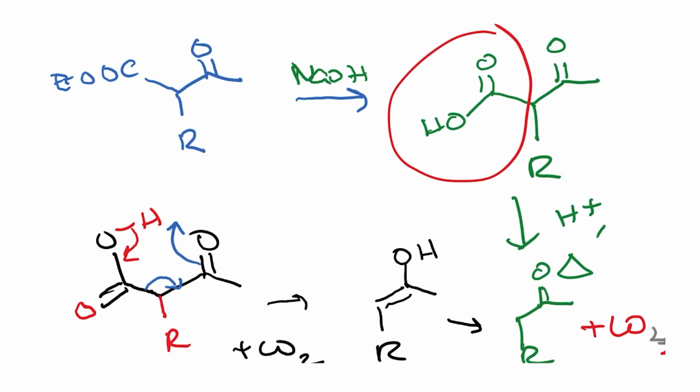Alright, so this is a very, very useful method going forward, because although you're losing a molecule of CO2 in the reaction, it's a very, very selective reaction, so you can actually control the outcome very nicely. And again, this is a reaction that requires SN2 type conditions.